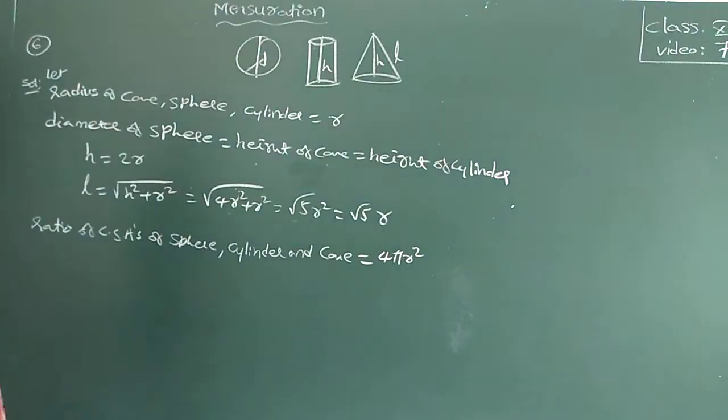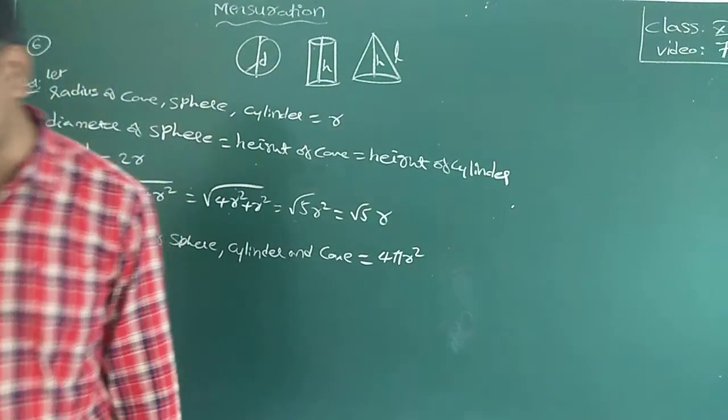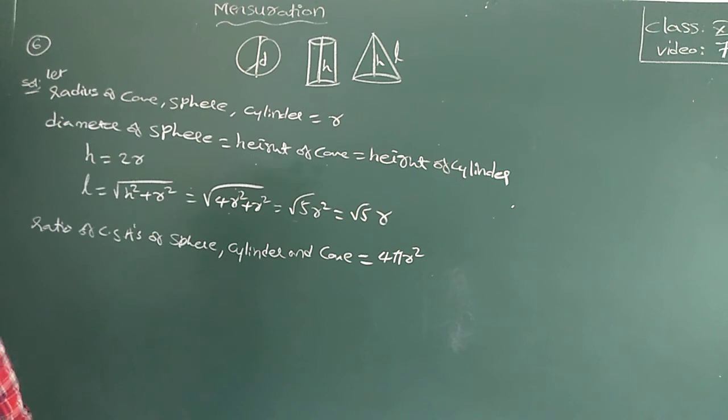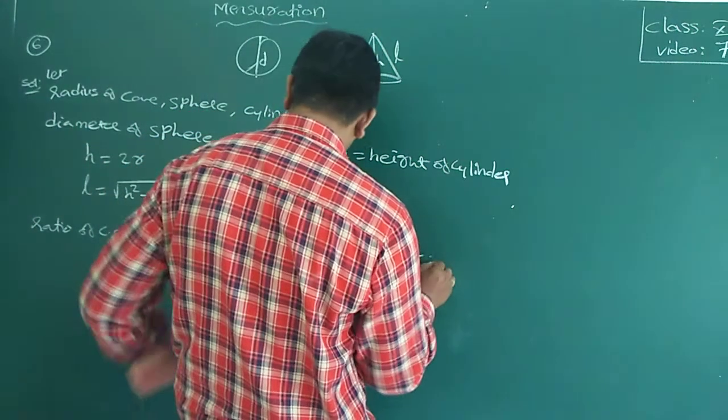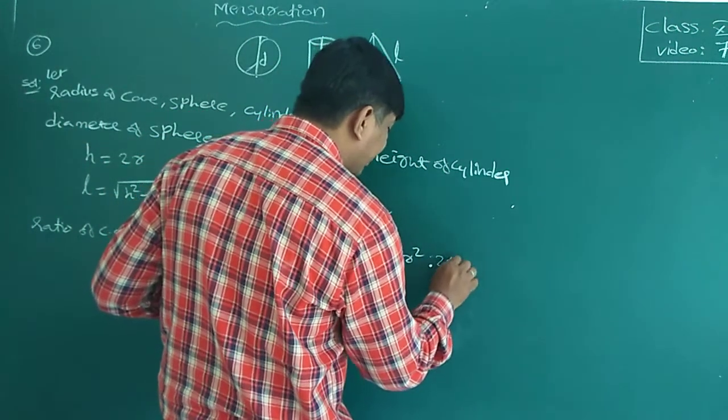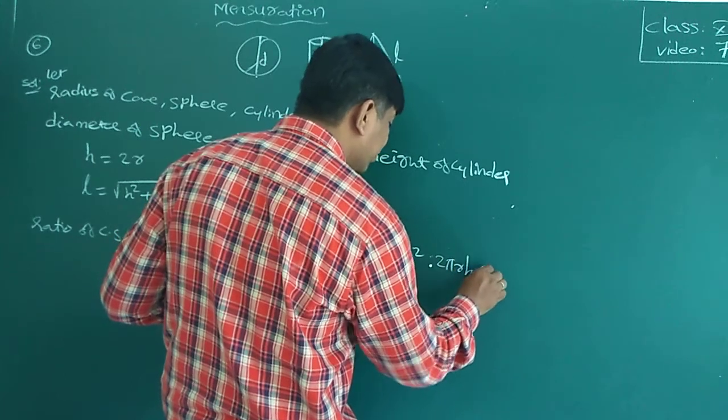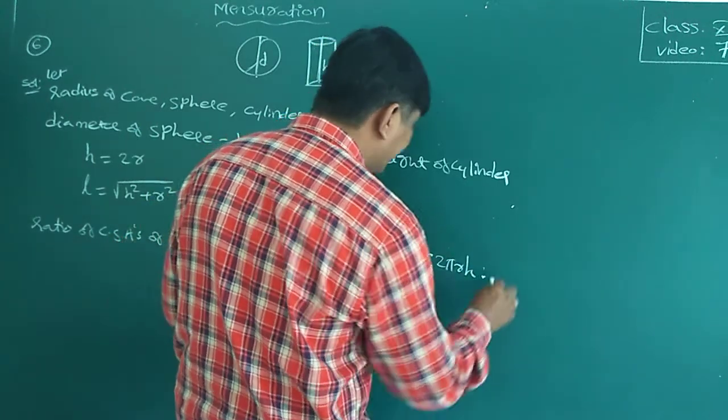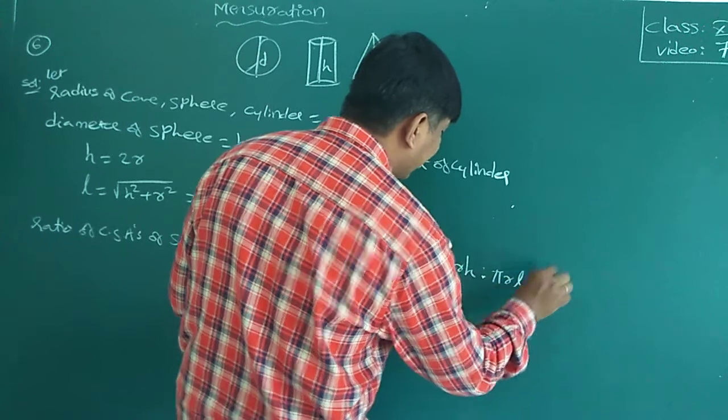Whether CSA or TSA, both are the same in a sphere. The cylinder is 2 pi r h, and the cone is pi r l.